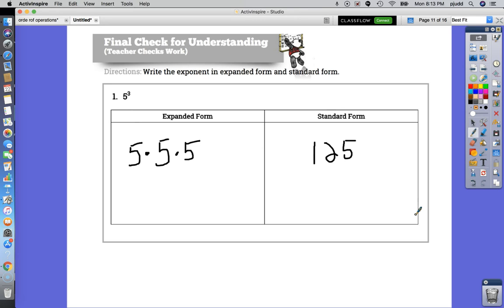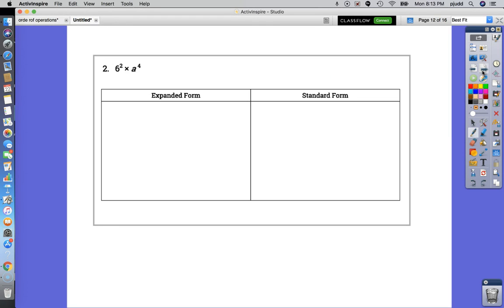And then we're going to go on to the next one and see how you did with that. And then we'll be getting into student practice. The next one, you have a numerical base, 6, and you're going to multiply 6 by itself 2 times.